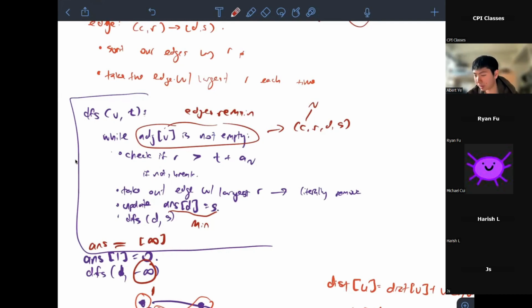And by sorting, we essentially preserve an order that, well, we know that if we were to visit V multiple times, we would end up at the same position in the graph. So we find a way to capture all our answers while only visiting each edge once. So yeah, that's basically how we end up solving the problem.